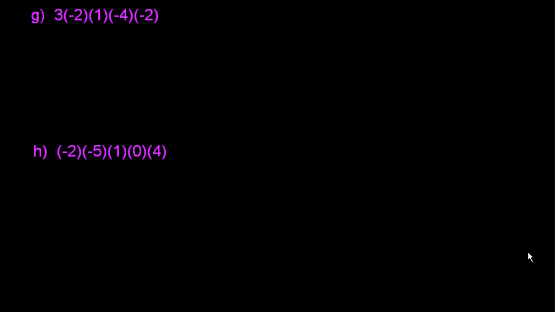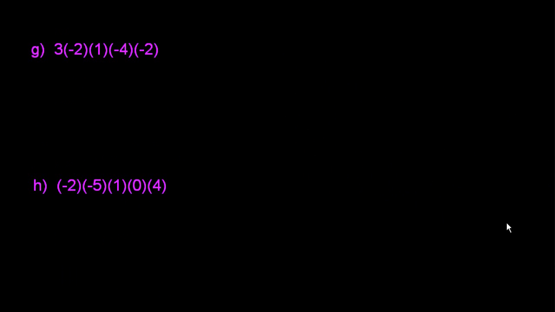Alright, let's take a look at the next one. The next one has a bunch of factors again, and let's count the negative factors. There are 3. Is 3 an odd number or an even number? Well, 3 is an odd number, so this is different than the previous problem.